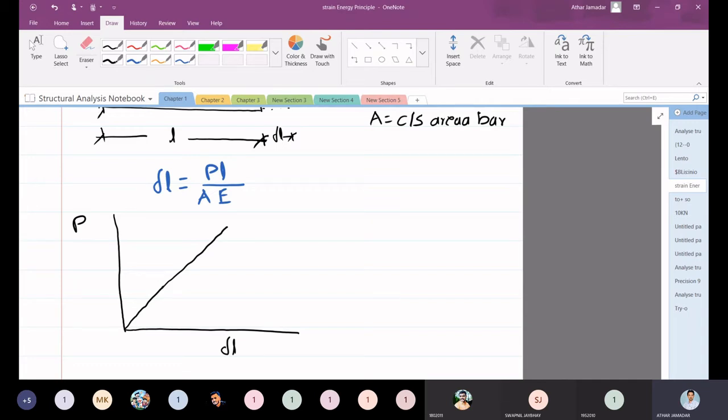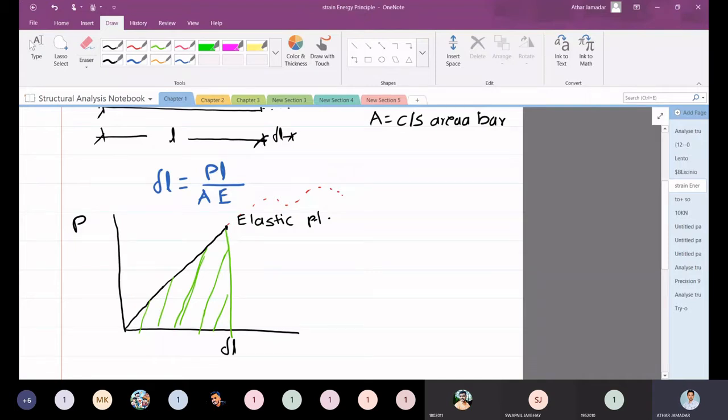So this will be the elastic point. After that, whatever graph is there, we are not going to consider. Up to the elastic point only is our area of interest. If we take the area of this curve up to the elastic point, this area will be nothing but the strain energy stored in this bar.